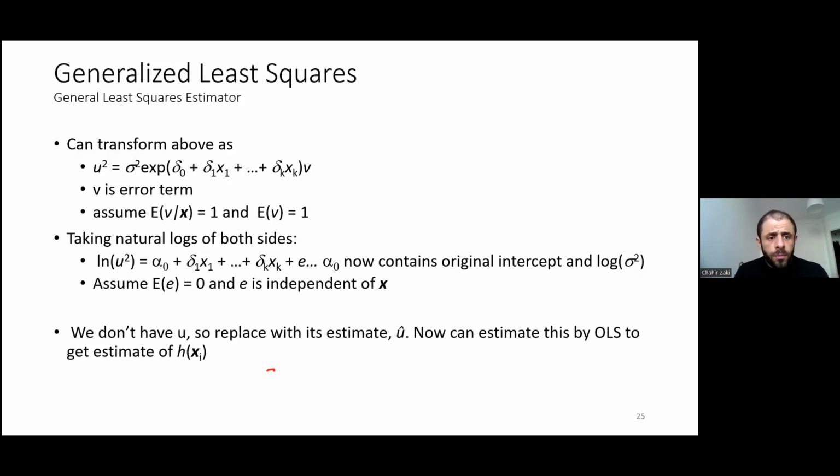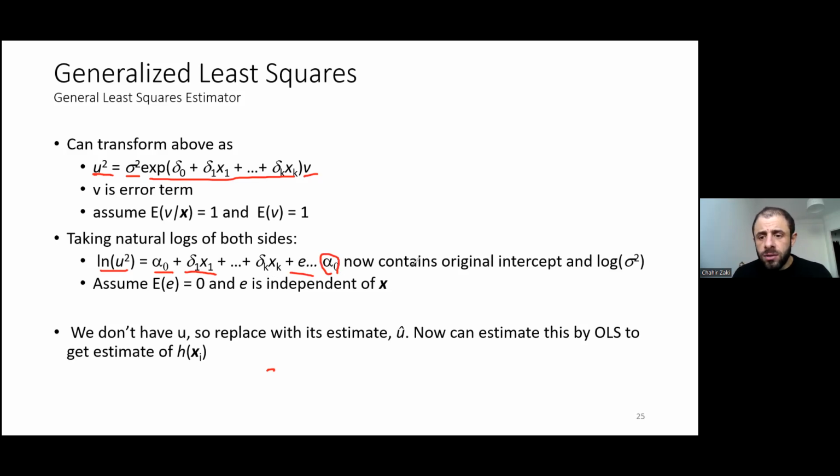We transform the above as follows, where u is the error term, sigma square is the constant, and then the exponential of the different variables times the new error term. If we take the log of all that, it will be the log of u square equals alpha 0, which is the log of sigma square, plus delta 1 x1 until delta k xk plus the new error term. I take the log in order to get rid of the exponential.